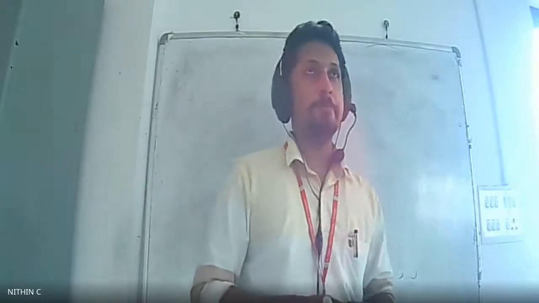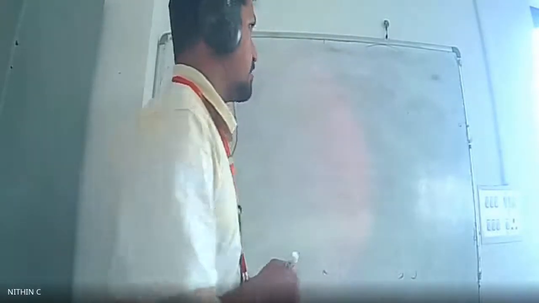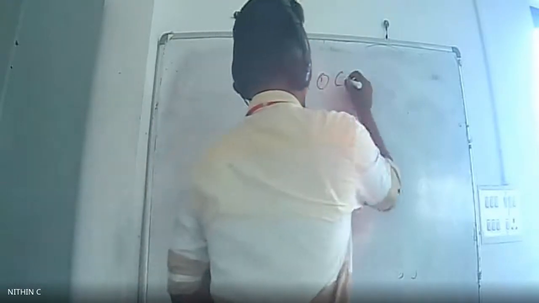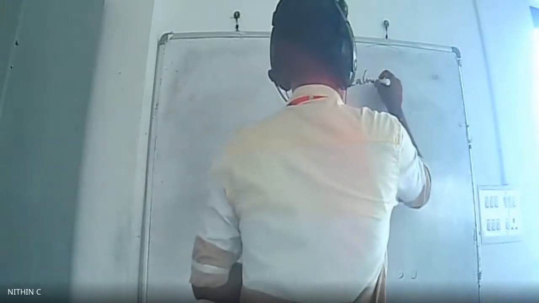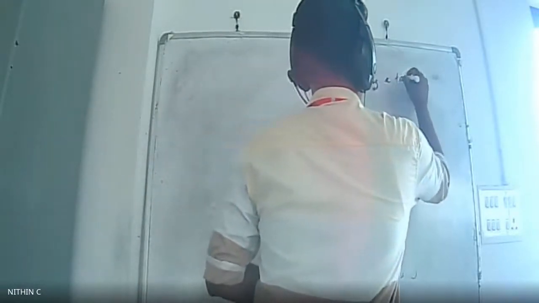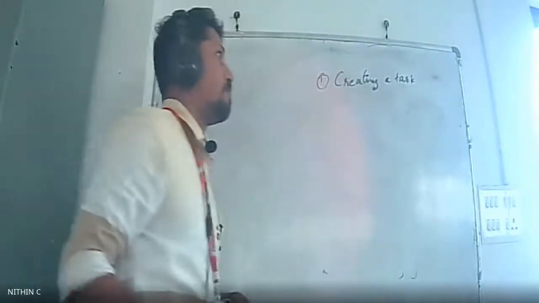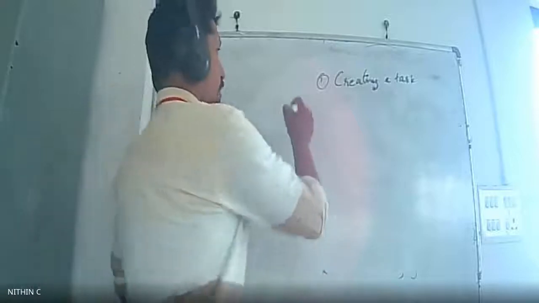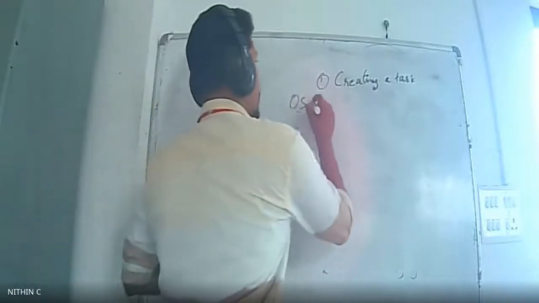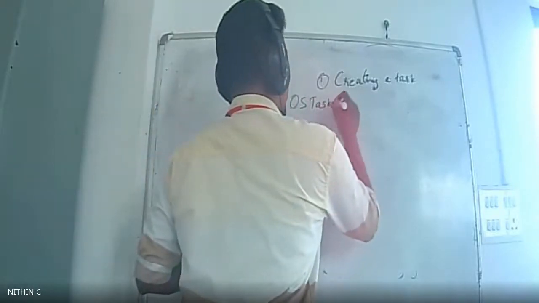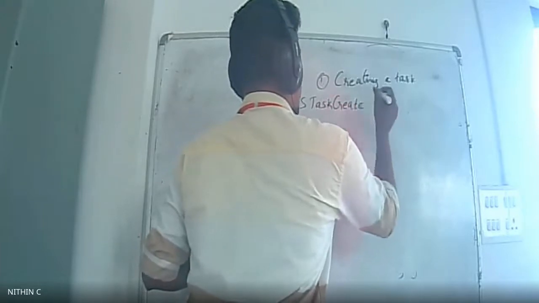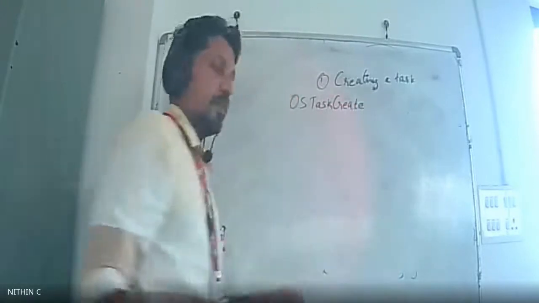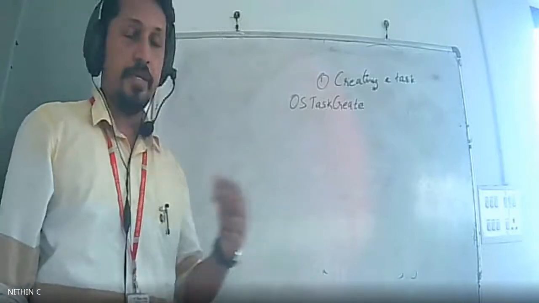So we have started with the task service function yesterday, and within that itself, the first one was creating a task. And the function that we used for that was OS task create. This was a function that was used in Mucos RTOS for creating a task.